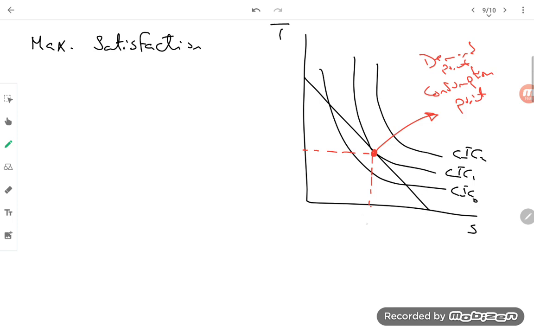At this point, the community is going to maximize satisfaction for all consumers when they consume quantity equivalent to S1 and T1 of soybeans and textile. At this point, slope of price line is equivalent to slope of CIC. So this is maximum satisfaction condition.